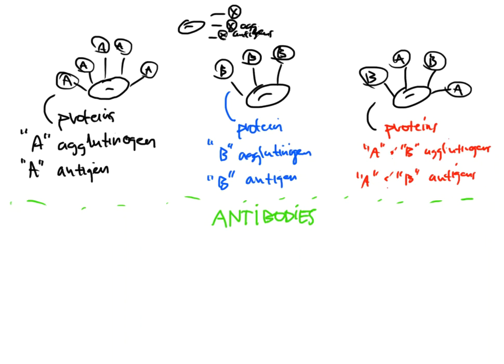Okay, so here's what goes on in your body. If you have the A red blood cell, those have A agglutinogens on the surface. Those also maybe have A antigens, same term, referencing the same thing. So your body will only recognize A.